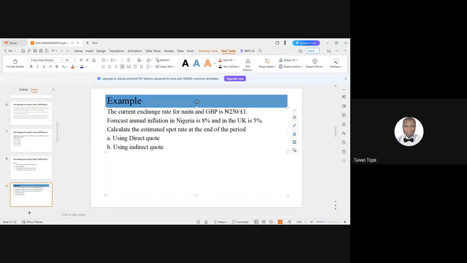Forecast annual inflation: the inflation in Nigeria is given as what? As 8%. The inflation in the UK is given as what? 5%. Calculate the estimated spot rate at the end of the period. Now, for direct quotes, we presented a formula.